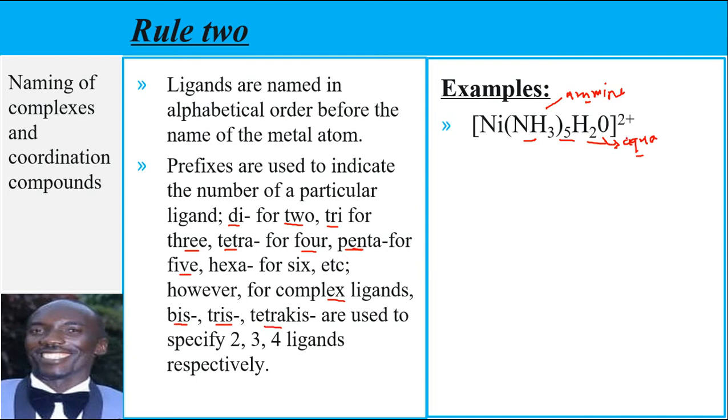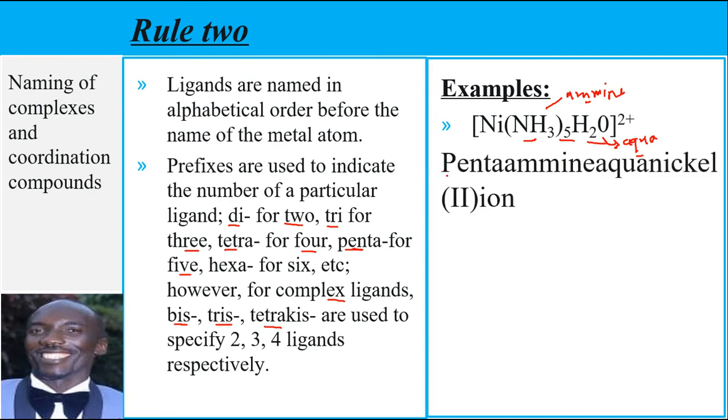So at the end of the day, we shall arrange our ligands alphabetically. So the name becomes penta, which stands for the 5 ligands. Amine, the name of the ligand, which is ammonia, but remember we said it changes to amine. Then aqua, which is our water, nickel to iron.